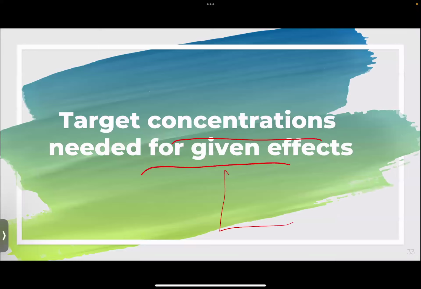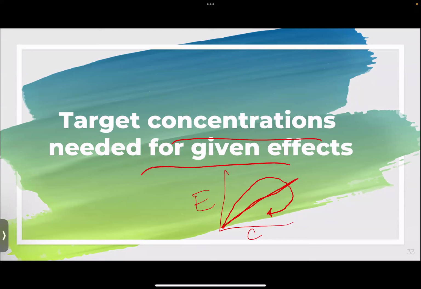So we're always looking at concentration effect relationships, right? And if our concentration goes up, we expect our effect to go up. And as our concentration comes back down, we expect our effect to come back down, don't we? But if that doesn't happen, if you've got our concentration going up and our effect going up, and then our concentration still going up, but the effect coming down, what does that tell you?